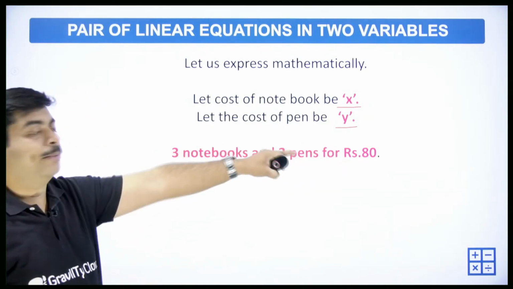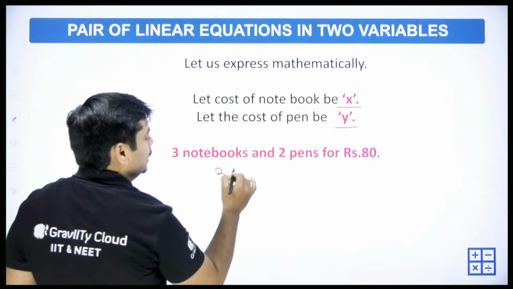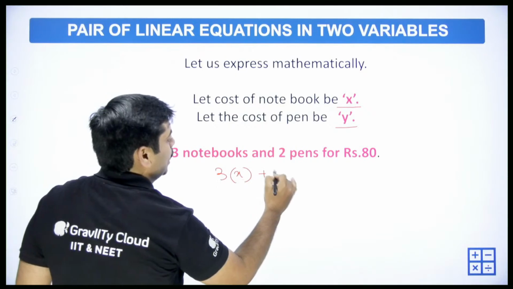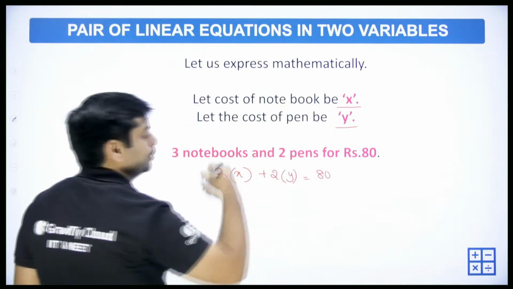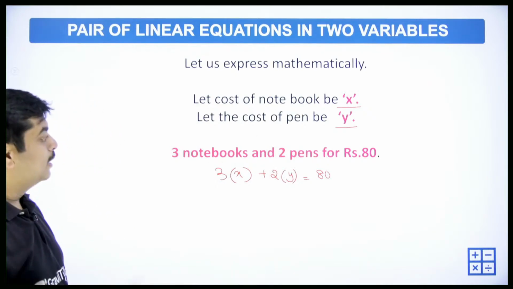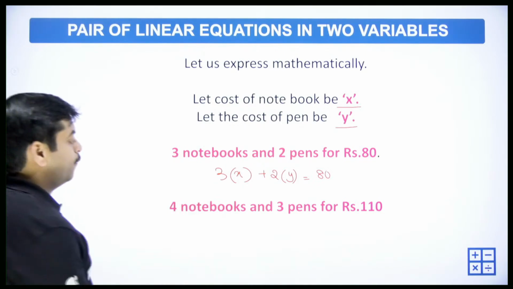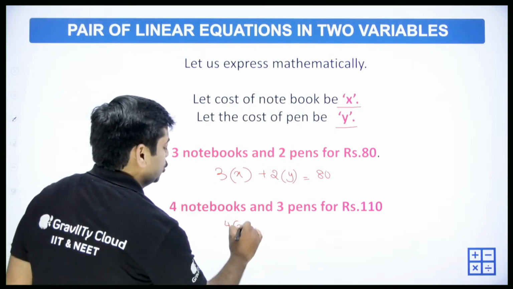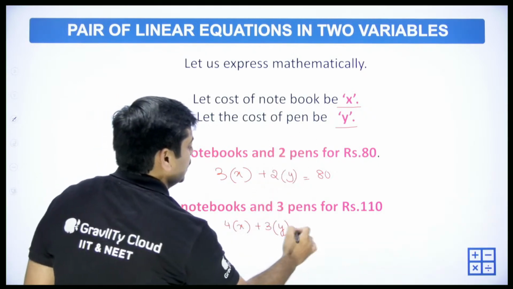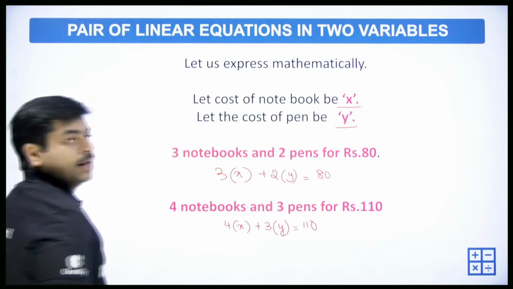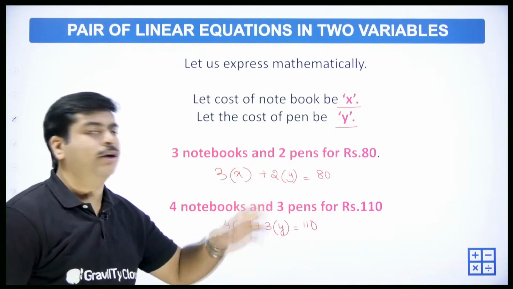So 3 times x rupees plus 2 times y rupees is equal to 80 rupees, correct? And the next girl, Lakshmi, bought 4 notebooks and 3 pens: 4 times x plus 3 times y rupees is equal to 110. So 3x plus 2y is equal to 80 and 4x plus 3y is equal to 110, right?